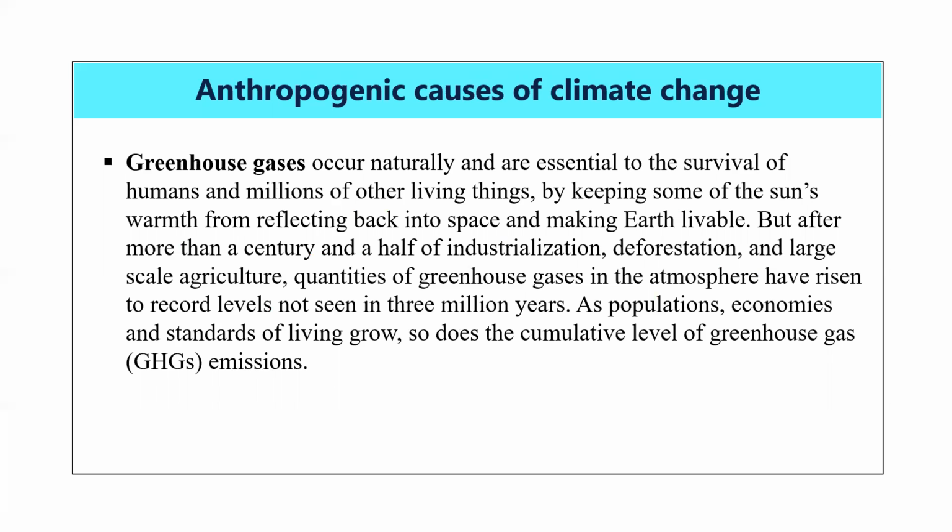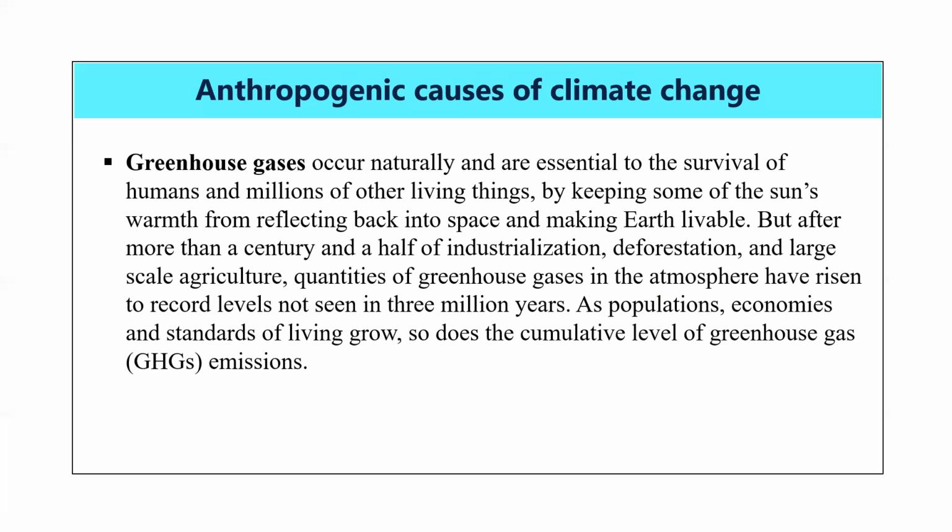As population, economies, and standards of living grow, so does the cumulative level of greenhouse gas emissions. This is what I was telling you a while ago: because of the industrial revolution, we are able to enjoy economic breakthroughs and a luxurious lifestyle. But the downside is that it is directly related to emissions of greenhouse gases.